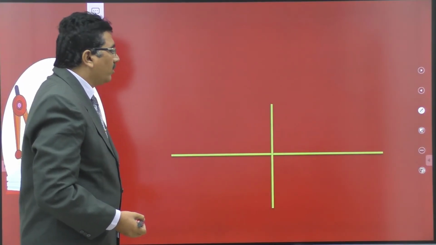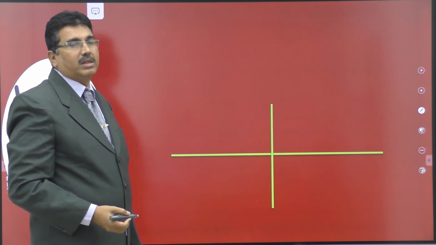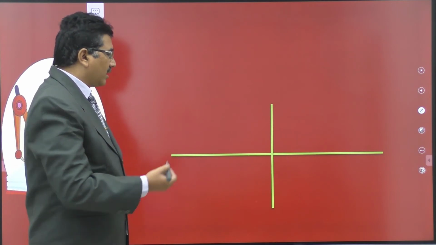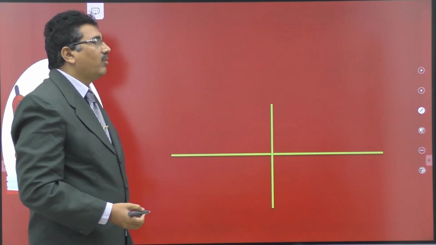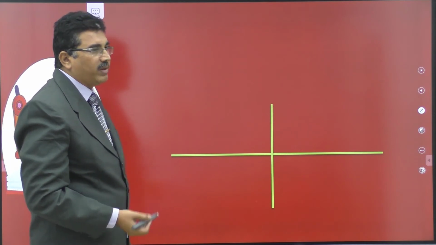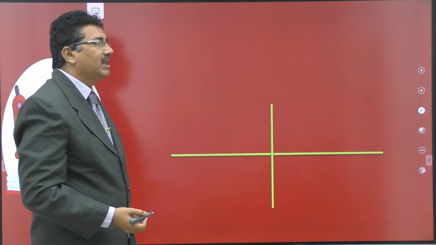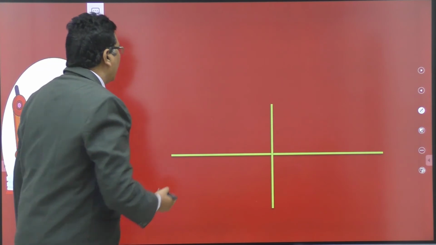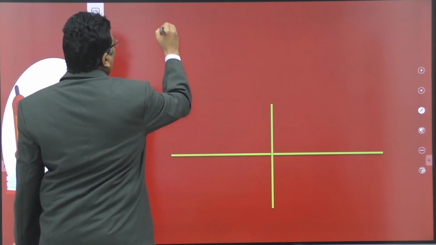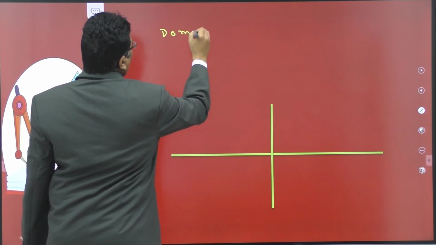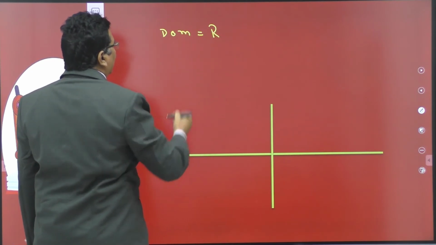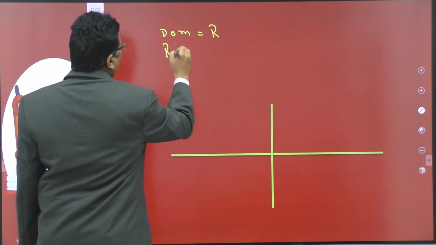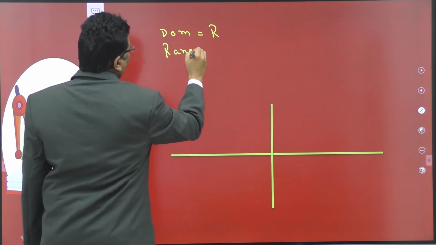Now, how to draw the graph of this function? Before going to draw the graph of the function, what is the domain of this function and what is the range of this function? Domain of this function is the set of all real numbers, capital R. Now, what is the range of this function?